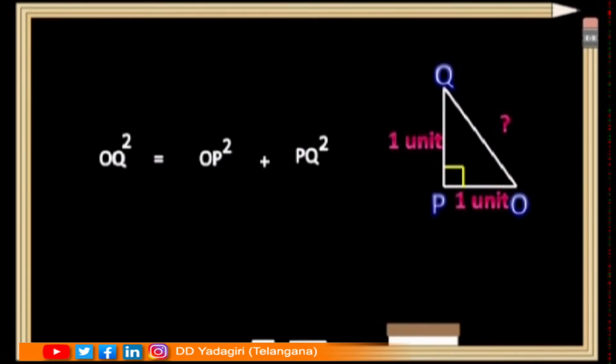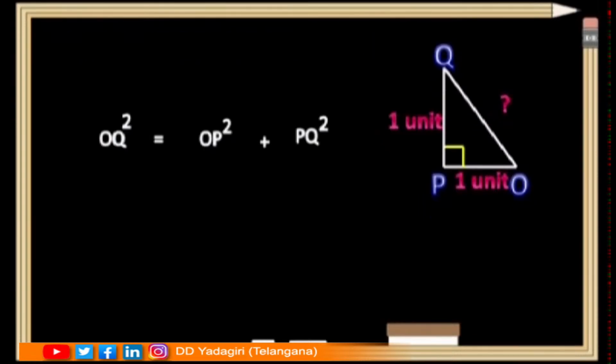Here observe, OPQ is a right angled triangle with OP equal to PQ equal to 1 unit. Then how can we find the value of the hypotenuse OQ? We have a beautiful property, that is OQ square is equal to OP square plus PQ square. Hypotenuse square is equal to the sum of the squares of the other two sides. This is famously known as Pythagoras theorem, which we will learn in higher classes.